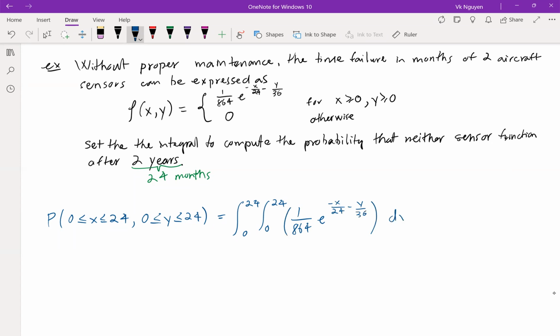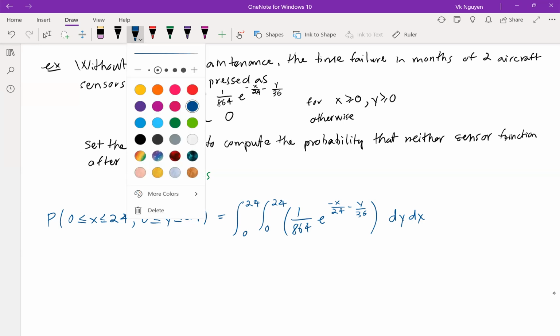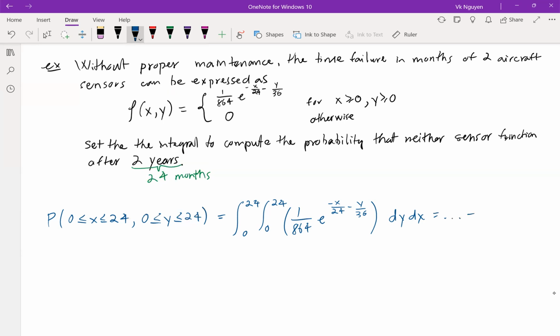And you can do dx dy or dy dx there. It's the same. So there's the setup here. You just got to evaluate this double integral to figure out the probability. You can try this for fun. Try it, and you will see that the answer is going to be 30.8%.